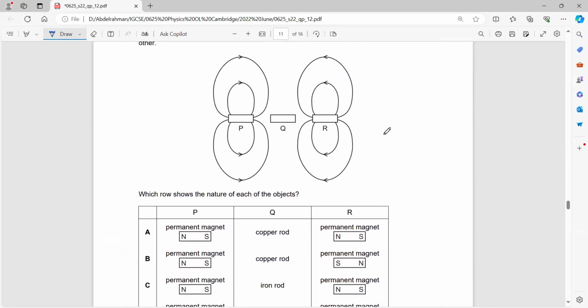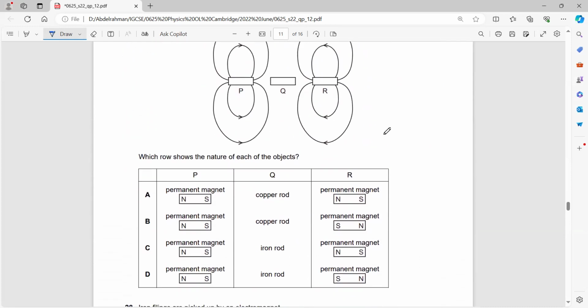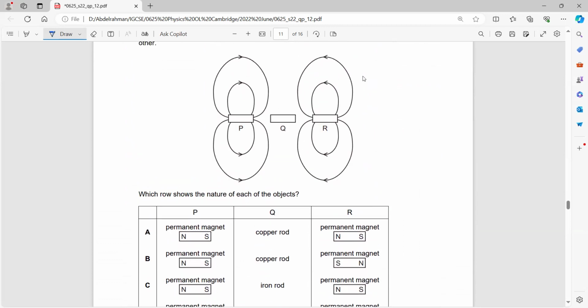I have a diagram. Which row shows the nature of each of these objects, P, Q, and R? Let's check out P. There's a magnetic field, so this is a magnet. It is a permanent magnet. This has to be the North Pole, and this has to be the South Pole. Again, this has to be the North Pole, and this has to be the South Pole. Q is a non-magnetic material. Why? Because it was not magnetized.